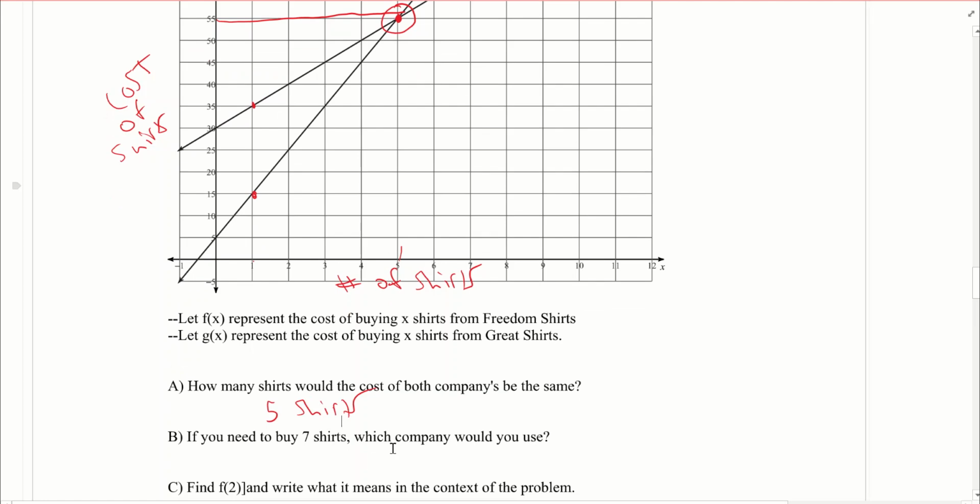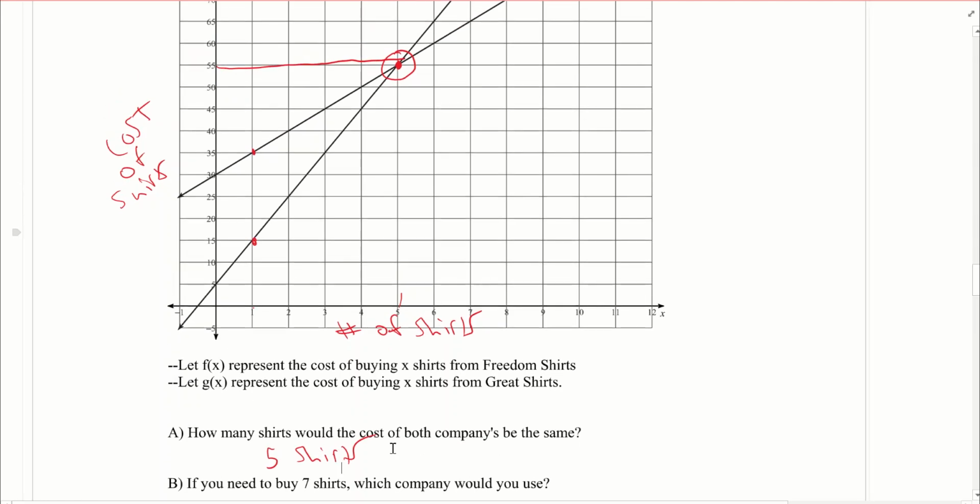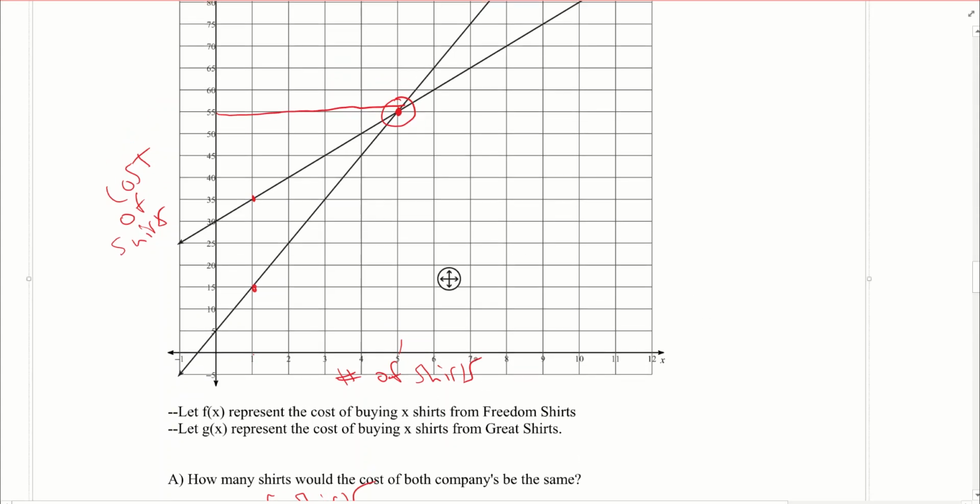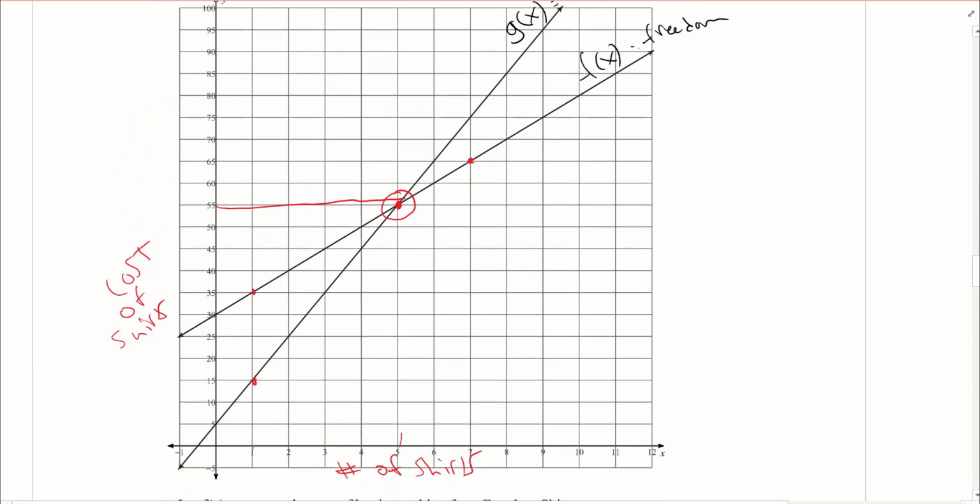So if I want to buy 7 shirts, which company would you use? So here's 7 shirts. The Freedom Shirts cost $65 and the Great Shirts cost $75. I'm just looking over here to get those numbers. If I'm buying 7 shirts, Freedom Shirts cost $65, Great Shirts cost $75.